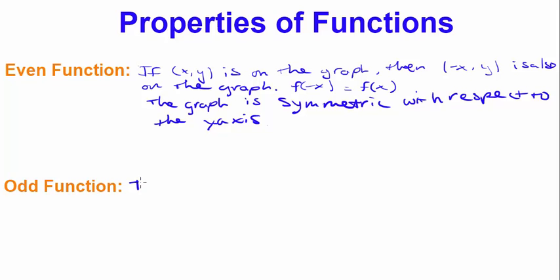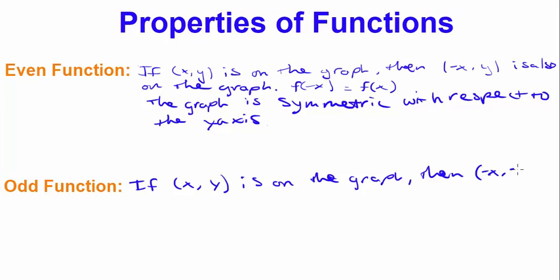But an odd function, if the ordered pair x comma y is on the graph, then the opposite of x comma opposite of y is also on the graph.